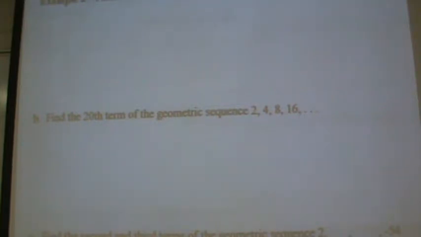So you need to find the 10th term. This should be very similar to what we did with the arithmetic sequences. So I want you to do A and B right now. And then I'm going to have somebody explain what we did. So do A and B.